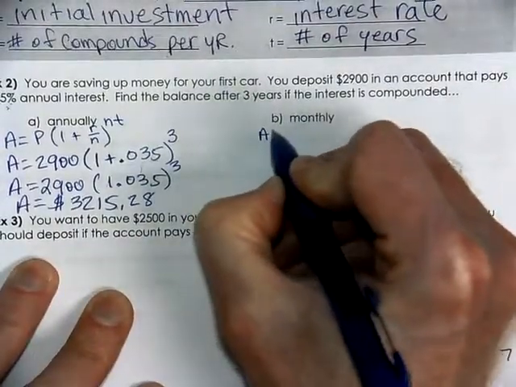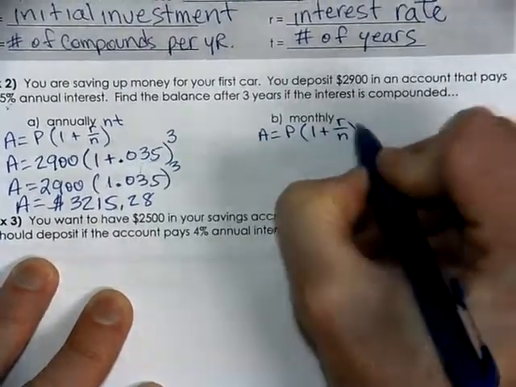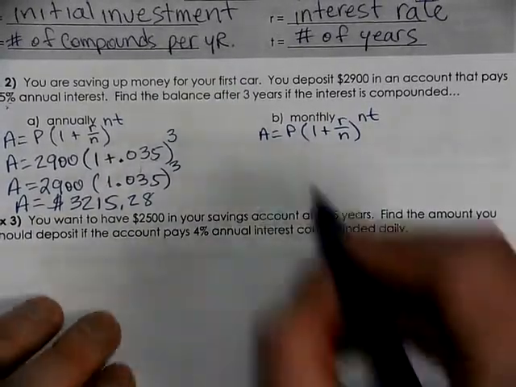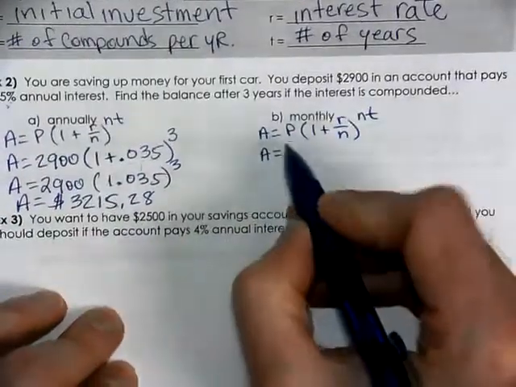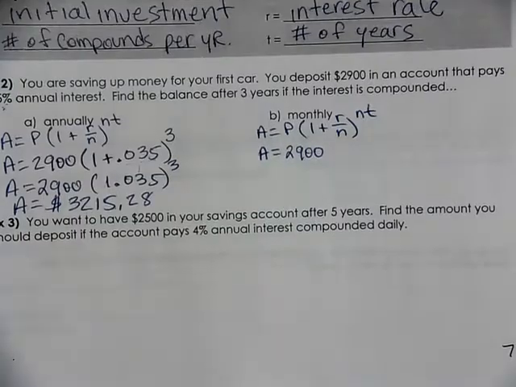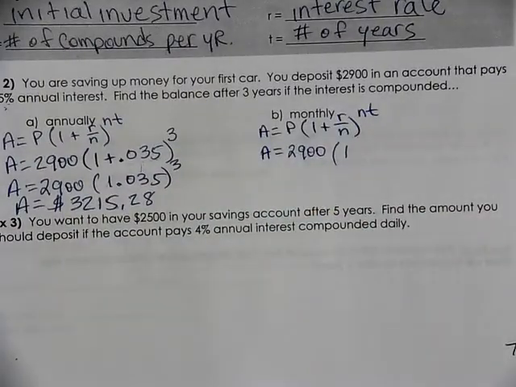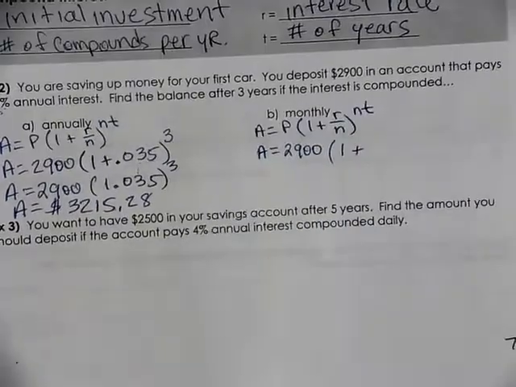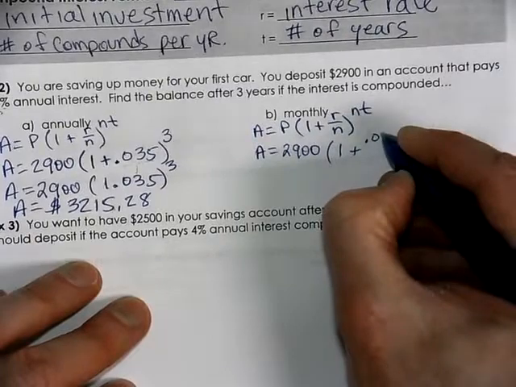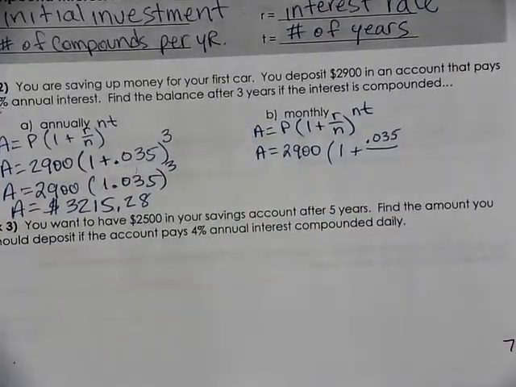So we're going to take our formula of A equals P, 1 plus R over N, NT. We're depositing still $2,900, so we're going to deposit the same amount. We want 100% of that $2,900 plus extra. And we need an interest rate of that 3.5%, so we write our R as 0.035.